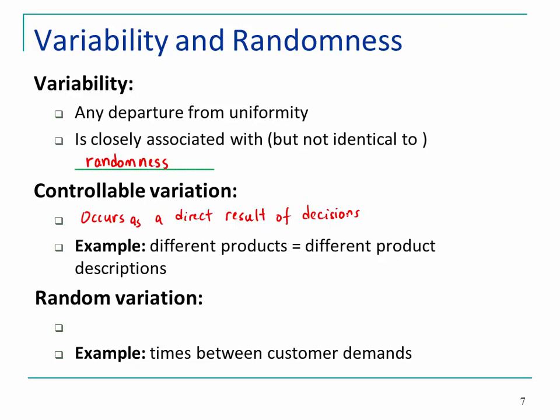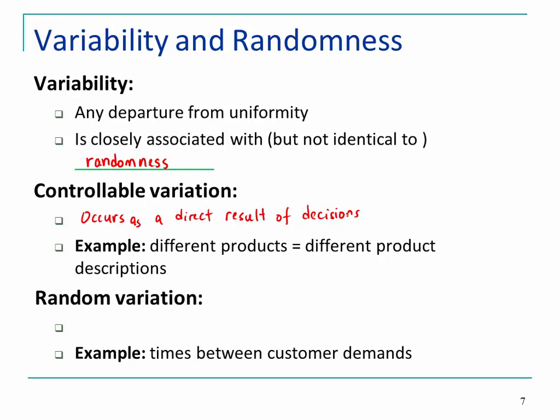Okay, so for a very simple example, if you're making multiple products in your facility, then most likely you're going to have different descriptions for those products because they're going to be different somehow, and you need to take that into consideration when you're creating the description of the product. We say that we can control this because if you just produce one type of product, then you just need to create one description. But if you decide to produce multiple types of products, then you end up having different product descriptions.